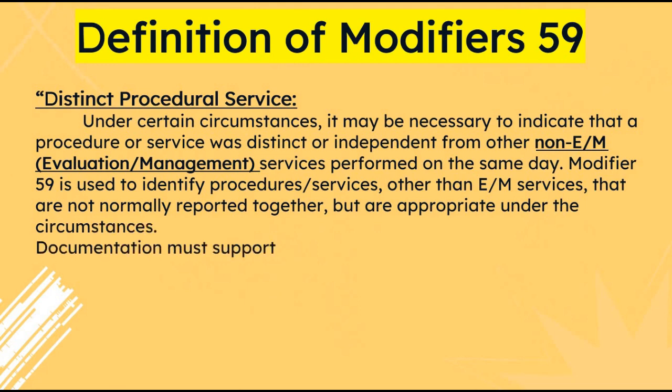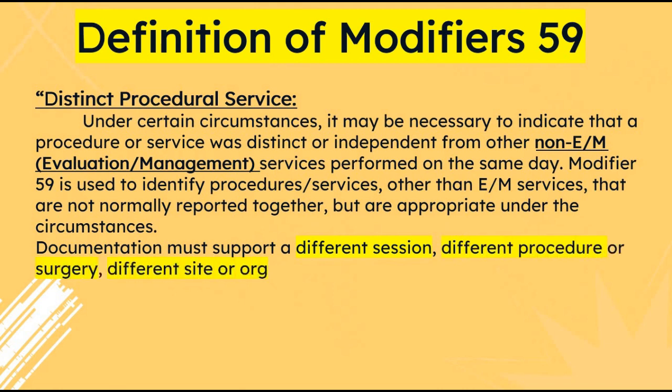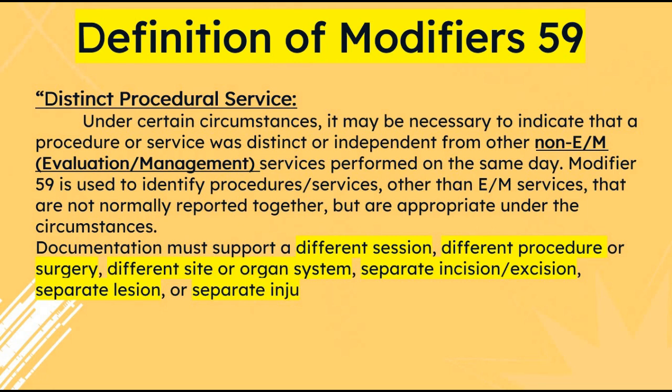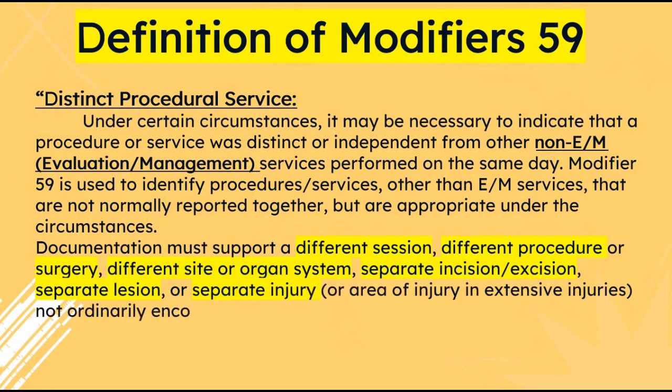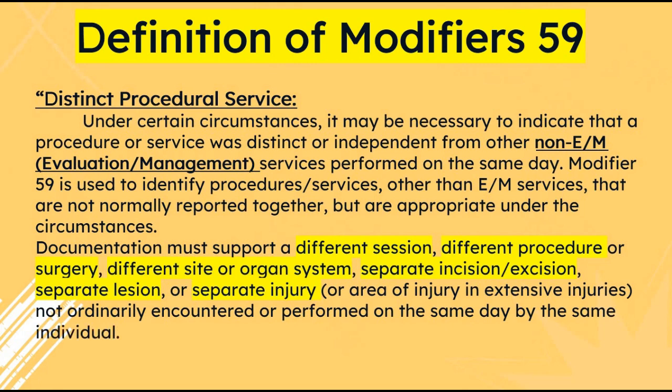So documentation must support a different session, different procedure or surgery, different site or organ system, separate incision or excision, separate lesion, or separate injury or area of injury in extensive injuries, not ordinary encounter performed on the same day by the same individual.